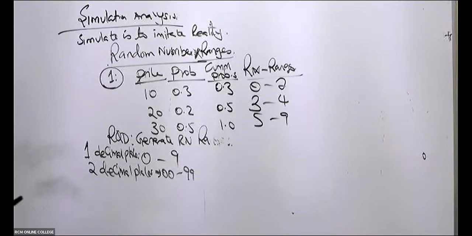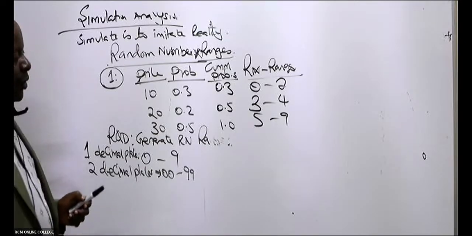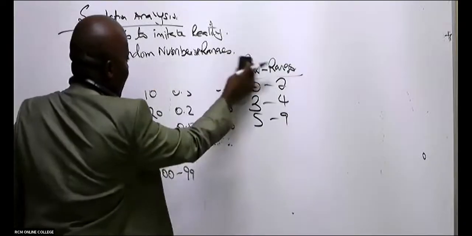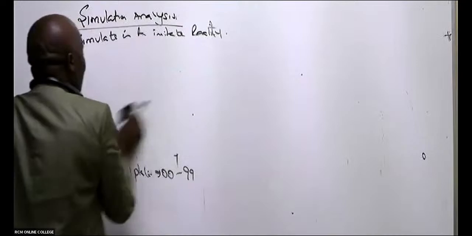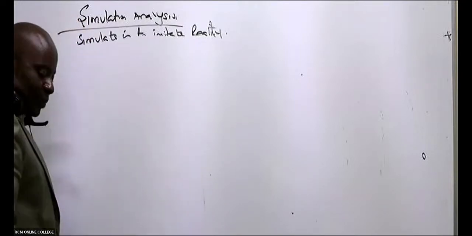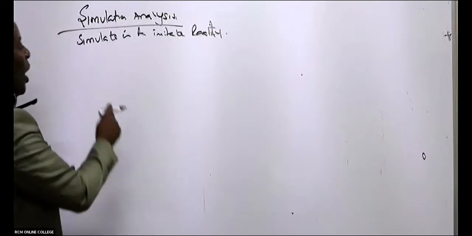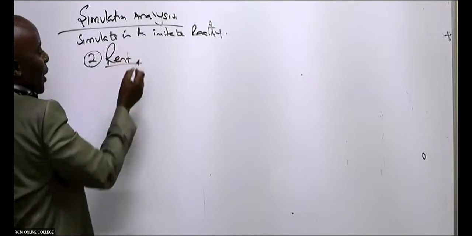Let me give you exercise number 2. I want to start this business, but I don't know how much the rent will be. I don't know which space I'm going to take.